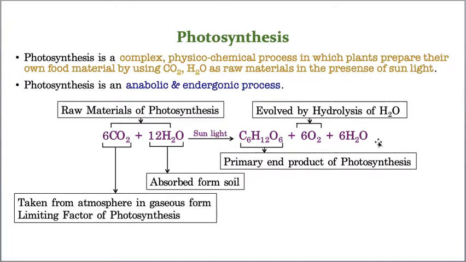If plants are not there, you don't get water in the form of vapor, because plants release water in the form of vapor. Vapor being very light rises into the sky and forms clouds, and those clouds cool down and come down again as rain. That means plants are responsible for rainfall, that you need to understand.